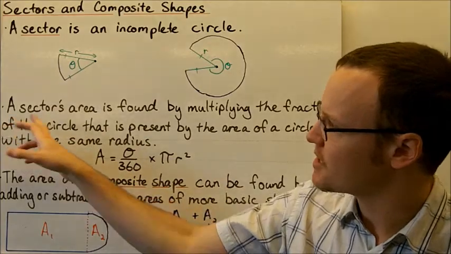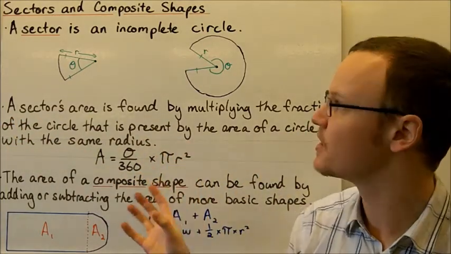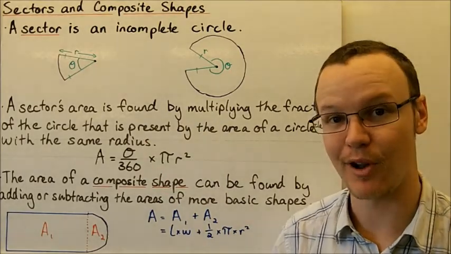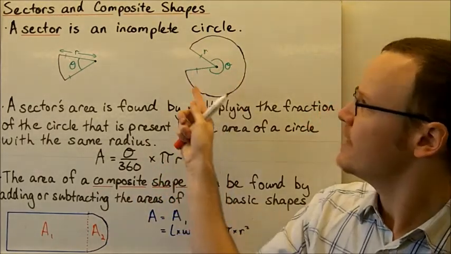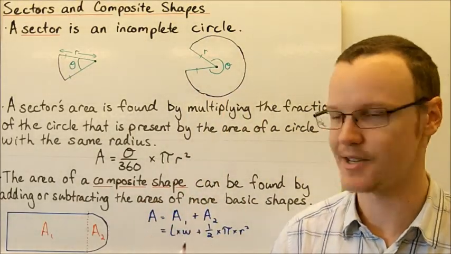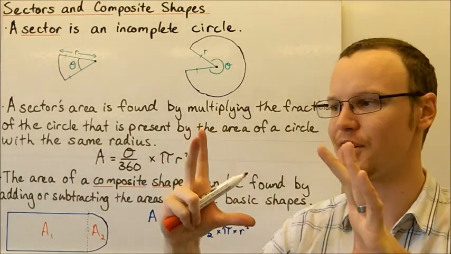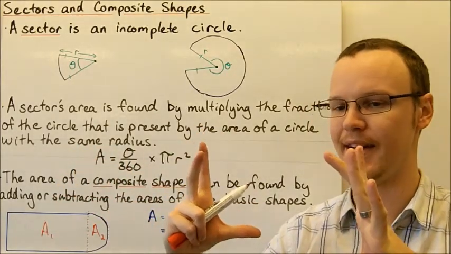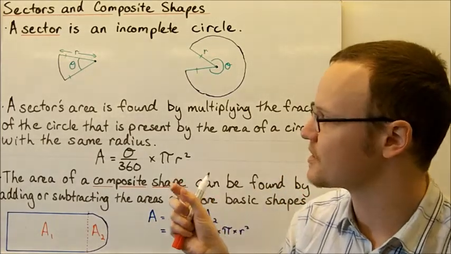Okay, so a sector's area is found by multiplying the fraction of the circle that is present. We multiply that fraction by the area of the whole circle, if the whole circle was present. That means the area of a circle with the same radius. We multiply that area by just the amount of that circle that we have present.